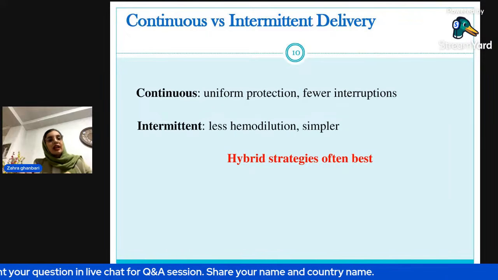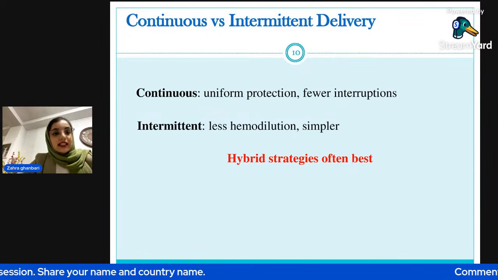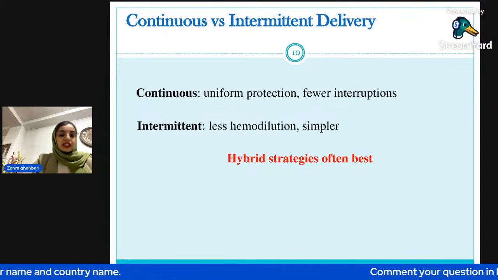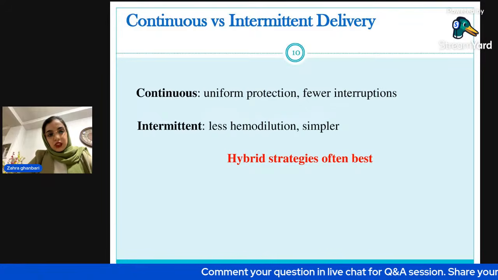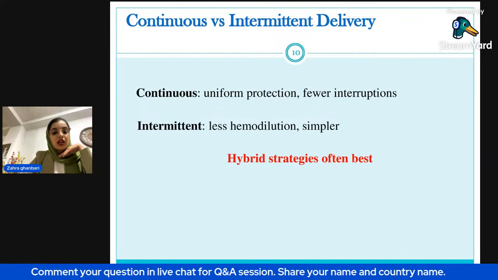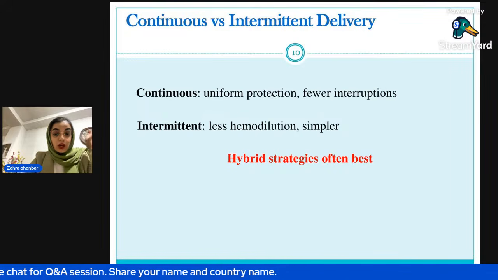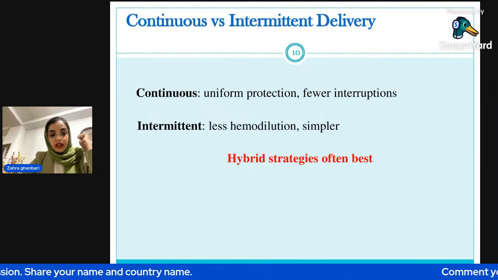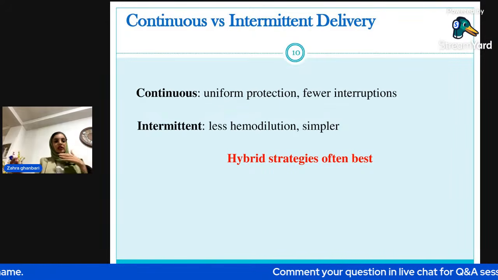Thank you. Continuous versus intermittent delivery. In continuous delivery, cardioplegia flows constantly without interruption. The advantage of this type is uniform myocardial protection, especially of the endocardium, and fewer interruptions lead to lower ischemia risk.